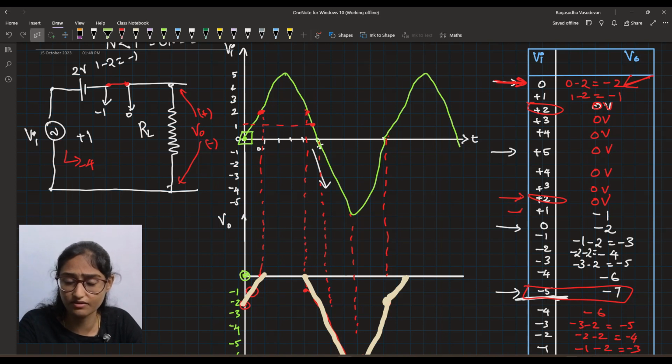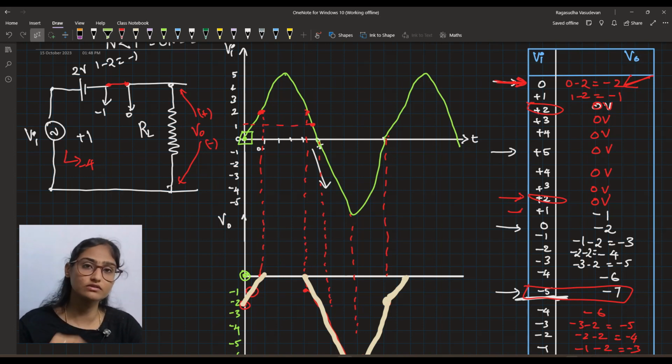Here I've done it from 0, 1, 2, 3, every single step of the AC voltage. You don't have to do that. You just have to do 0, plus 2, plus 5, plus 2, 0. That's all. You don't have to go through every single step, but to understand this in a better way, I drew the tabular column for every single step.